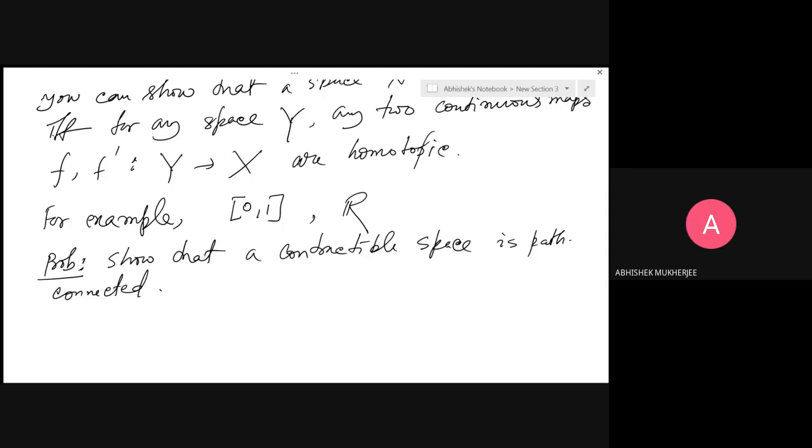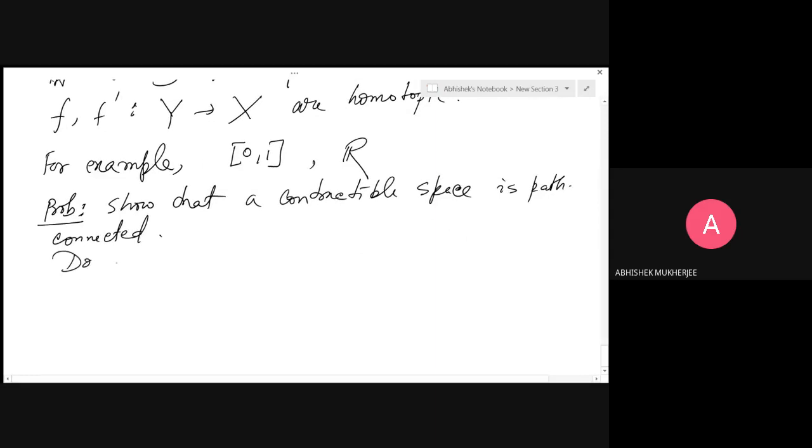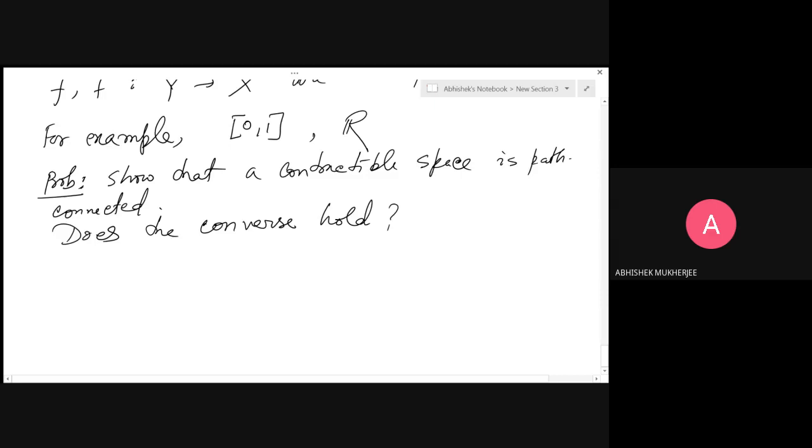That is, does the converse hold? Right? So this is another good question. This is a question, so you need to find out. If it is wrong, then you need to find a path connected space which is not contractible.